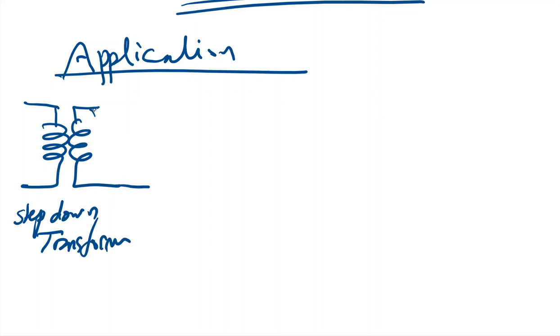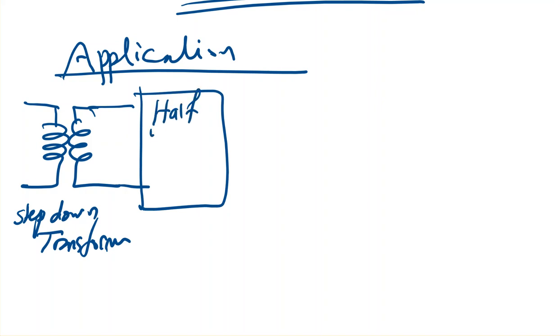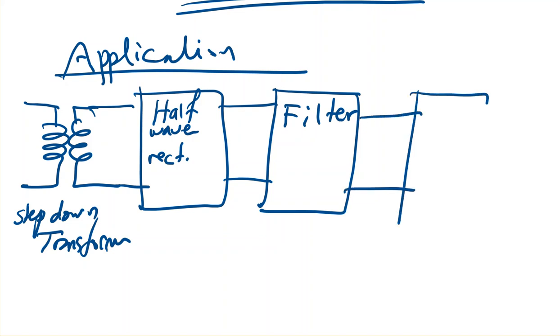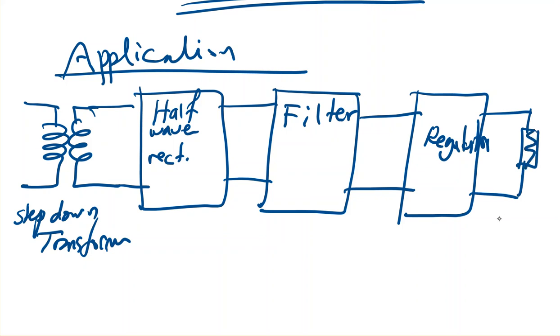And then this step down transformer is connected to a half wave rectifier, and then the output that we just showed in the previous slide will be filtered using some filters, and one of the filters is this C capacitor that we just put. And then after filtration we may still need some kind of regulation, so we may connect it to a regulator, and then finally it is connected to your load, whatever it is.